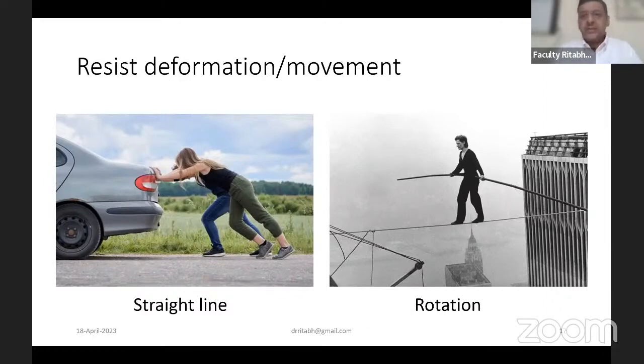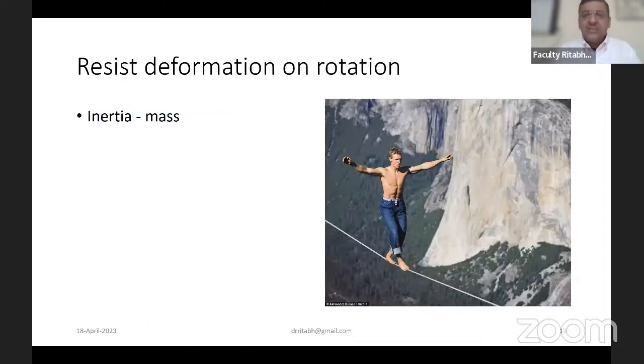Yes, the mass does matter, but if you see this gentleman, apart from the mass, he has moved his arms away from the body. And in the previous example, you saw Philippe Petit carrying a long rod in his hand.